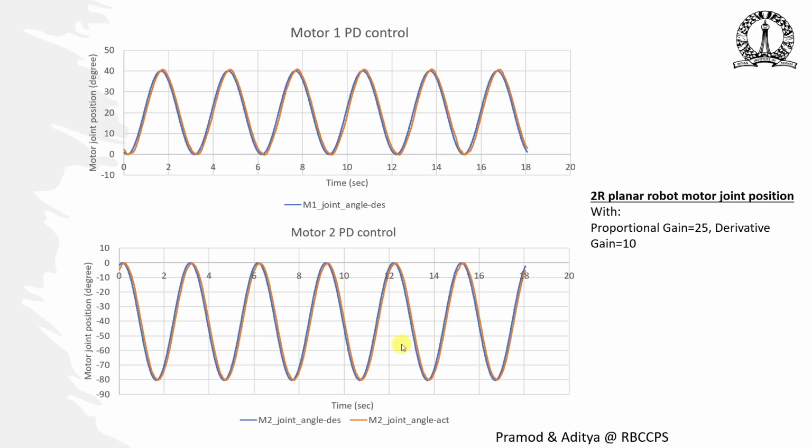We have taken this motor and planar 2R robot. We have given a desired joint trajectory for both joint 1 and joint 2, and then we have played around with the proportional and derivative gains till we achieve some reasonable matching between the desired and the measured trajectory. This measured trajectory is from a measurement device on the motor itself.